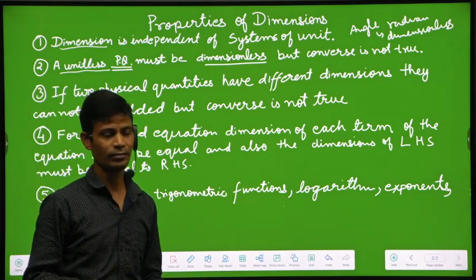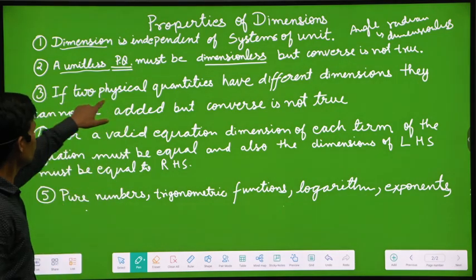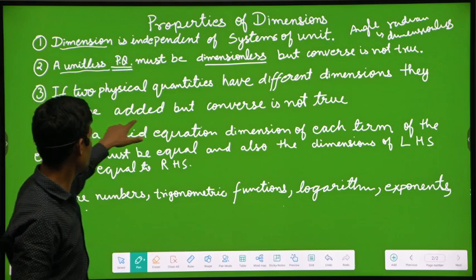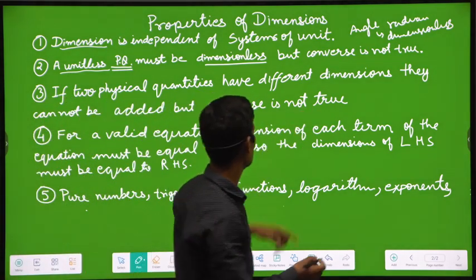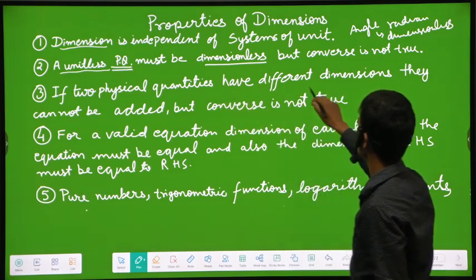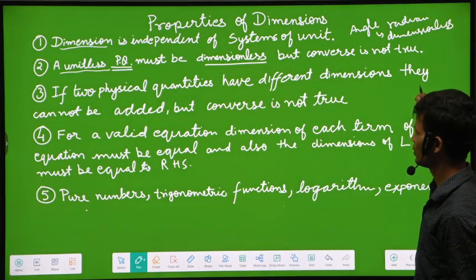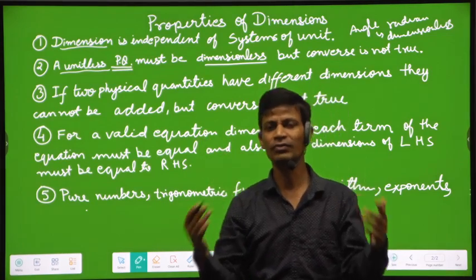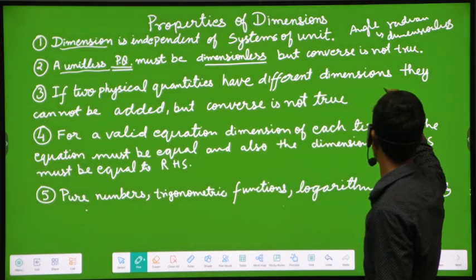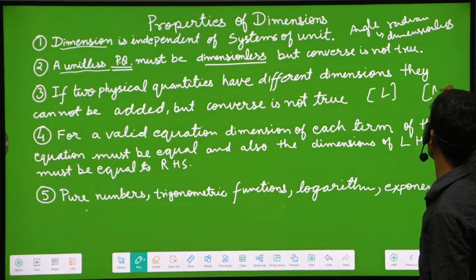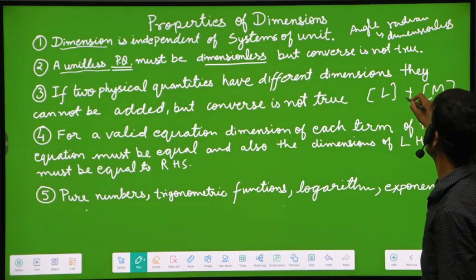Okay, if two physical quantities have different dimension, they cannot be added, but the converse is not true. If one has dimension of length, other has dimension of mass, we can't add them together.